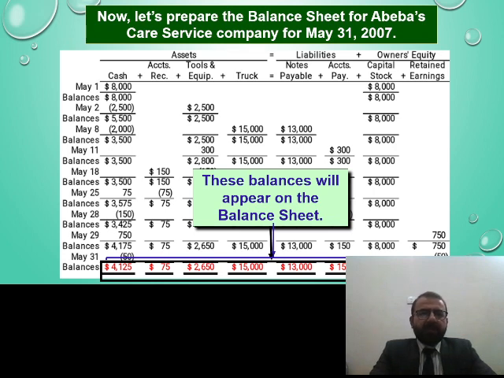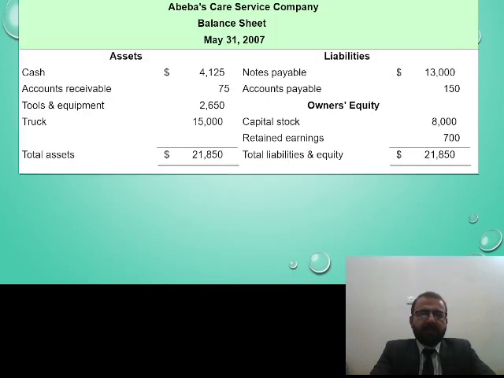Now let's prepare the balance sheet for Abiba's Care Service Company for May 31st, 2007. Here is the balance sheet of May 31, 2007. We have assets, liabilities and owner's equity. In assets we have cash, accounts receivable, tools and equipment, and truck, with total assets of $21,850.